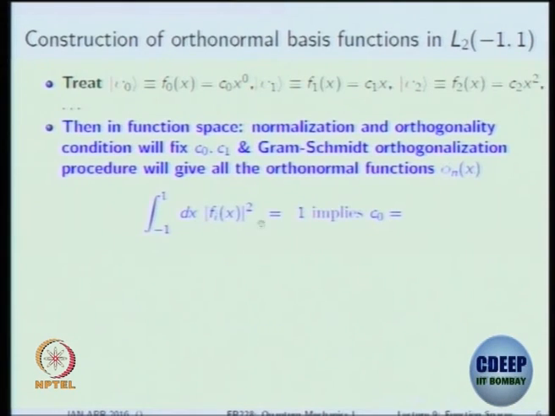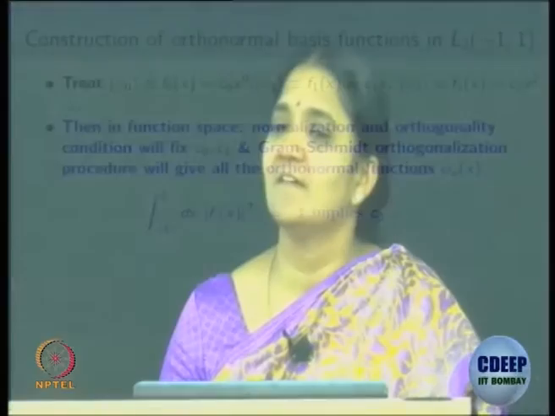So what is the normalization condition? It is in L2 of -1 to 1. Correct? So you integrate from -1 to +1. Can we take these polynomials up to x to the power of n also, where n is very large, as basis functions? You can.